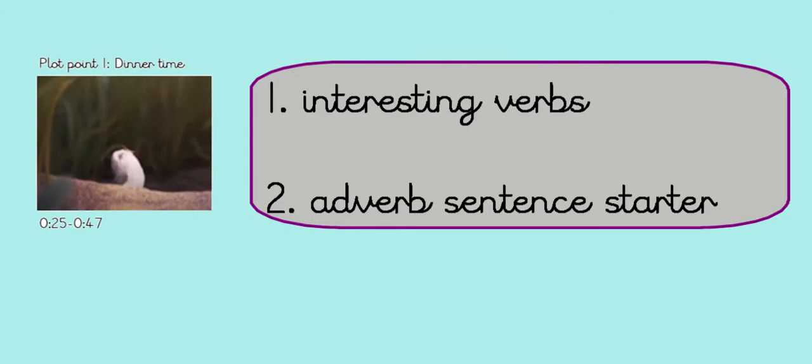So this is how it's going to work, children. Every day we're going to focus on 1 plot point. Today we'll focus on the first plot point. And every day we'll have 2 different writing challenges, okay? And I will explain to you what they mean, and I will show you how to do them.